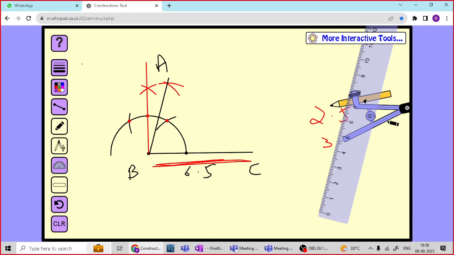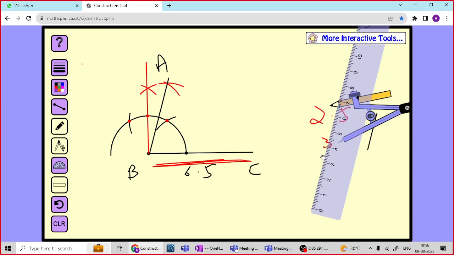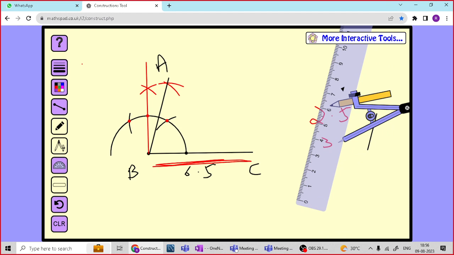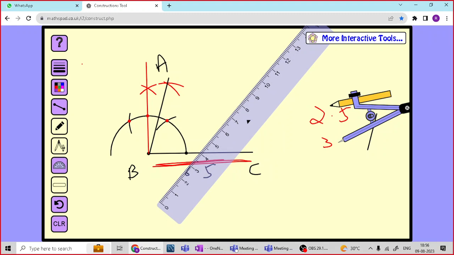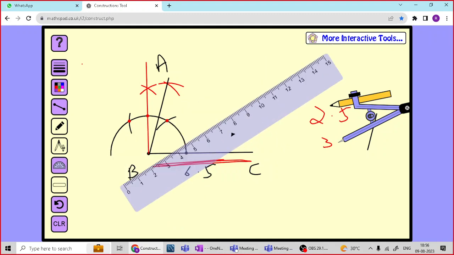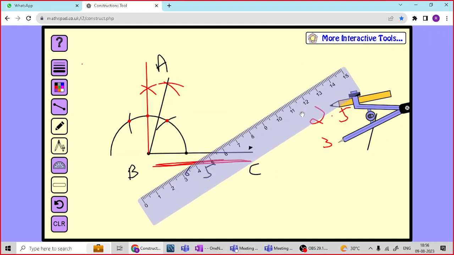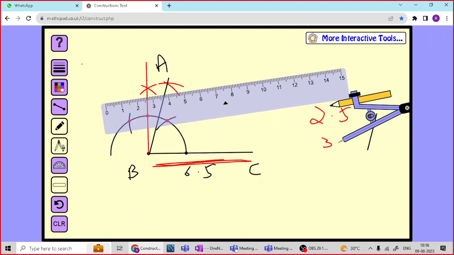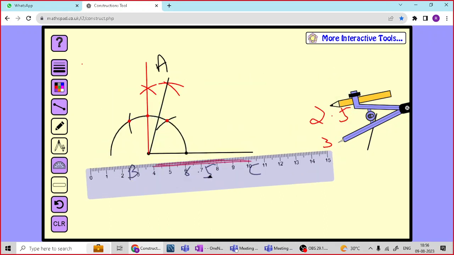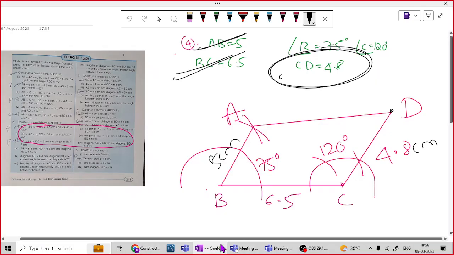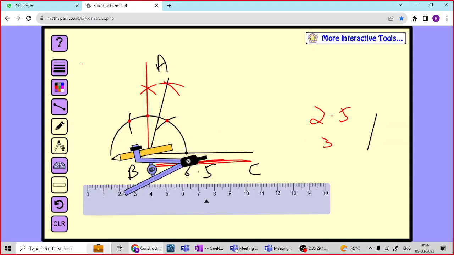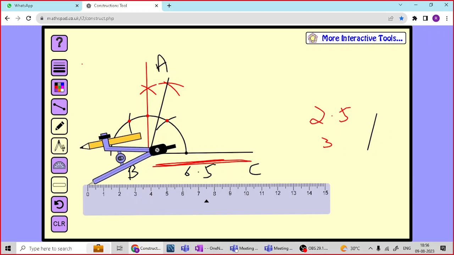Take 4.8 centimeters in your compass, and draw a random arc. Then connect from A.